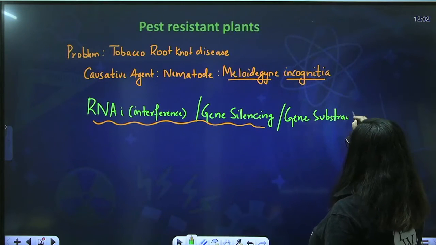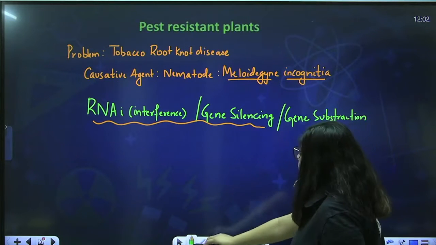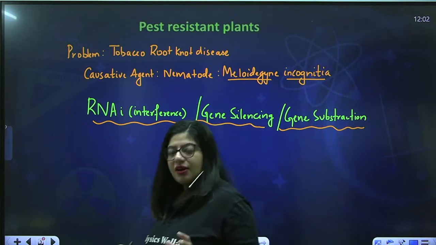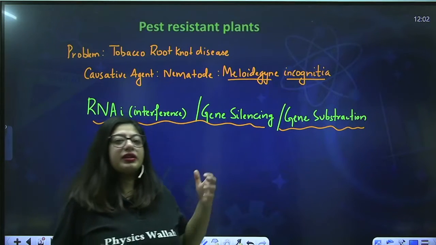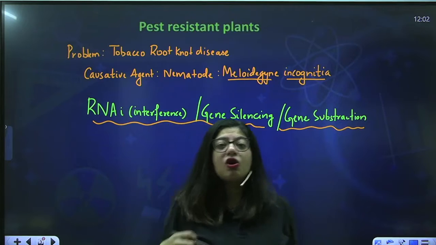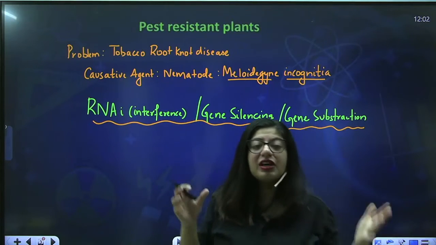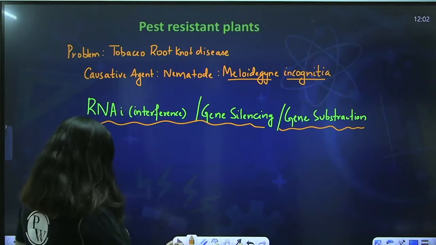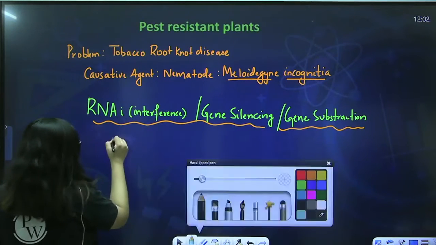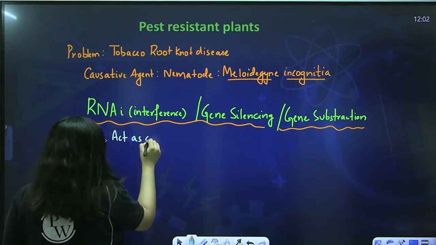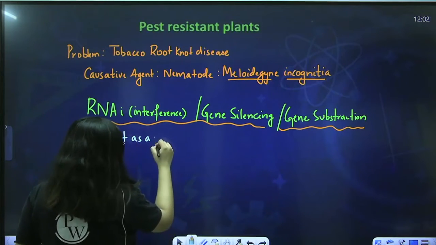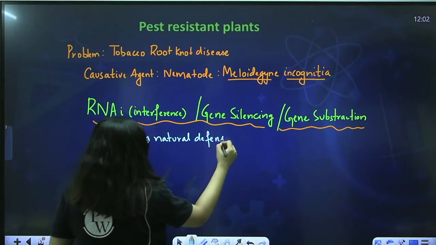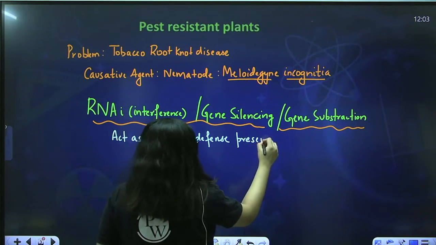So this technology is naturally present in our cells. When it was discovered we got to know that this is a kind of a defense mechanism of all eukaryotic cells. So naturally in your cell, in my cell, this technology is present. It acts as a natural defense present in eukaryotes.